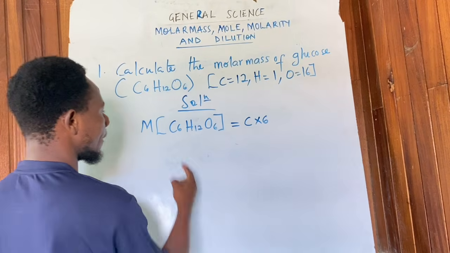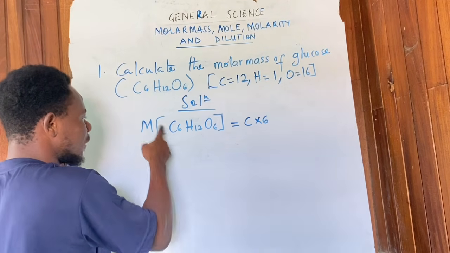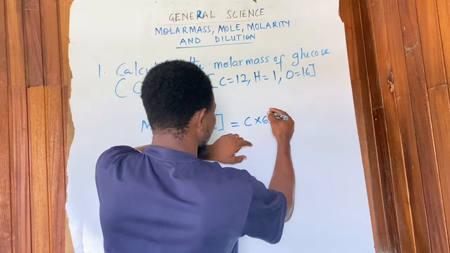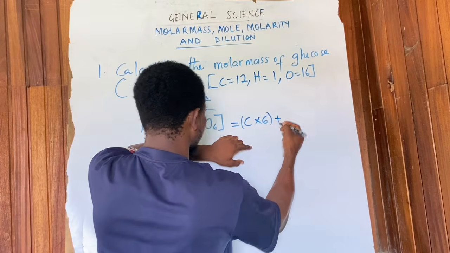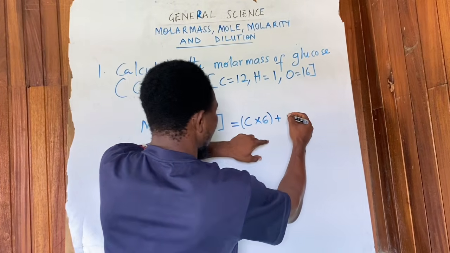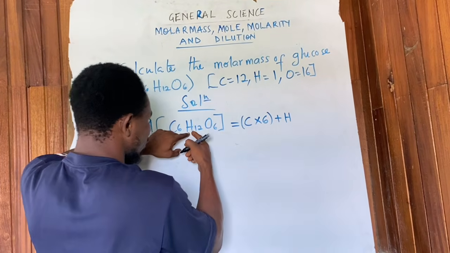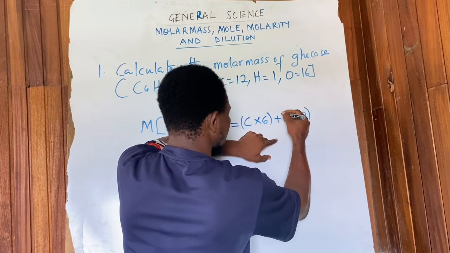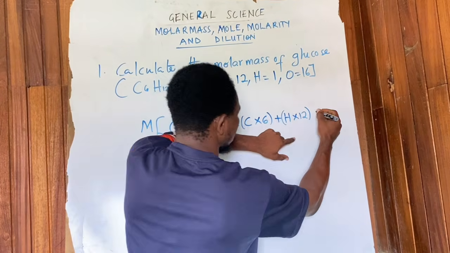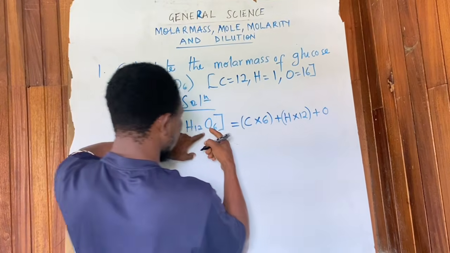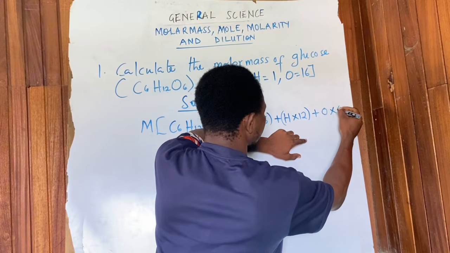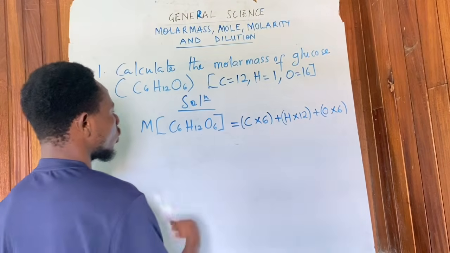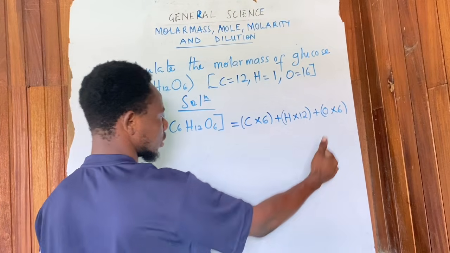But before we add them, you can see that carbon here is multiplying 6, plus hydrogen here is multiplying 12, plus oxygen here multiplying 6, like this.